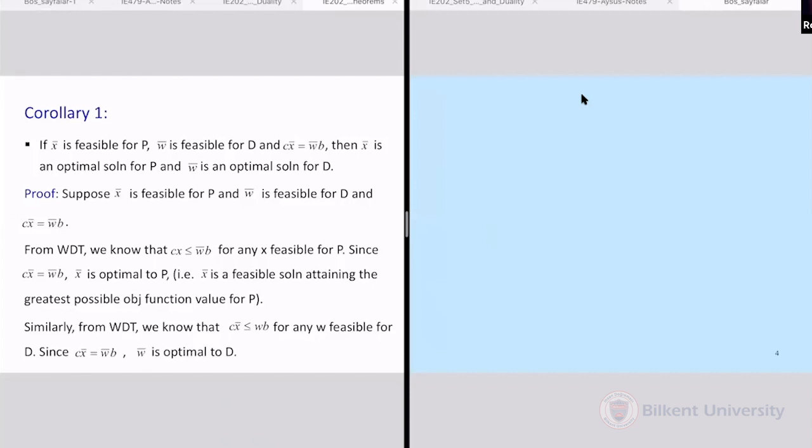Now, since X bar gives this objective function value, at this point they're actually attaining their best bounds. Right? Because this value here is always a bound. Any feasible solution in the maximization problem is always a bound for the one in the minimization problem. So this is the minimization problem and this is the maximization problem, and for any feasible solutions, this is the situation about their values.